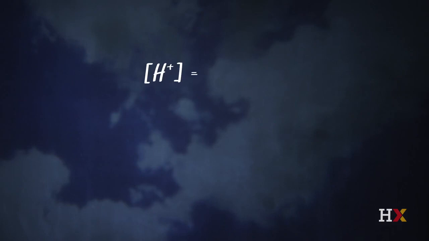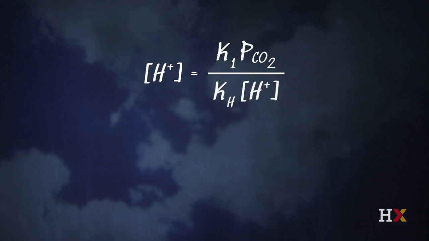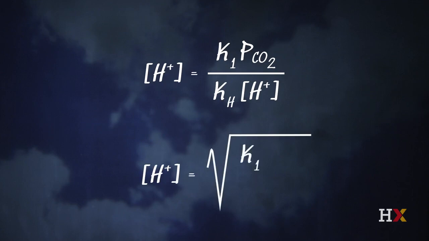It's equal to the first acid dissociation constant times the pressure of CO2 divided by Henry's law constant times the H plus concentration. Now we can simply rearrange, and we have the simple conclusion, because of the cancellation of terms, that the H plus concentration in rainwater is simply equal to the square root of the product of the first acid dissociation constant times the pressure of CO2 divided by Henry's law constant.